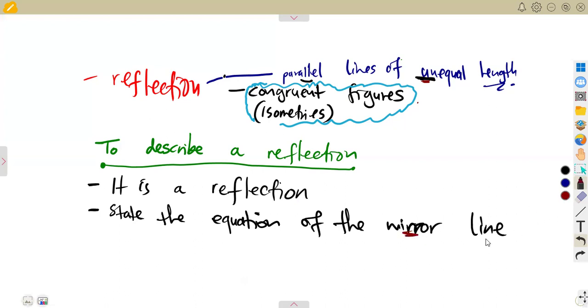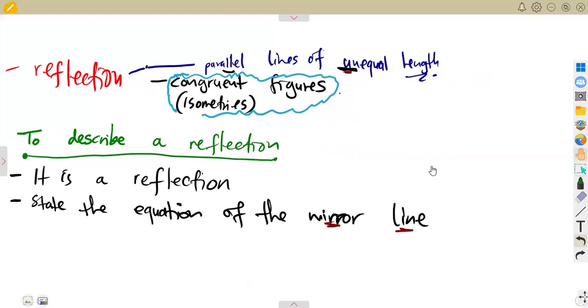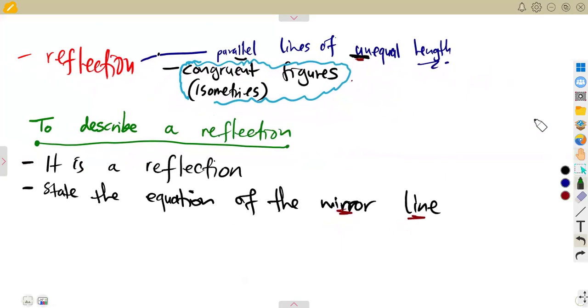What is the mirror line? That is the question. The mirror line is the line which maps the object to the image. With a reflection, just consider exactly what you see in a mirror. Let's say we place a mirror here.